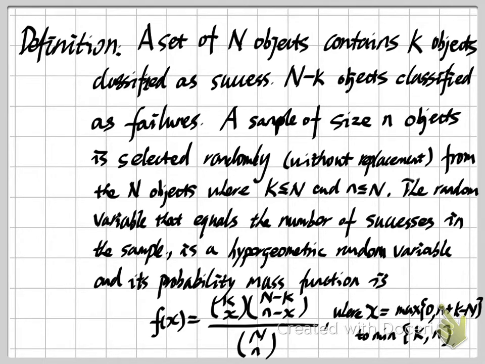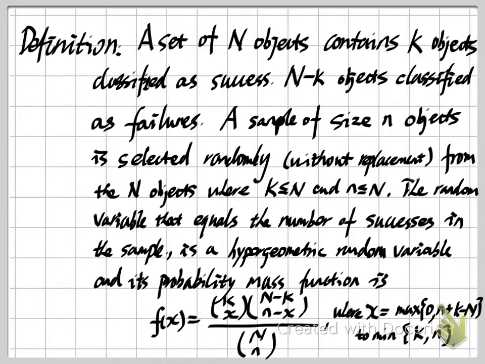And here, this selection, of course, is random, and also without replacement. So when we select one of the items, we will put it apart and not return it to our whole capital N objects, and then we will select the second one.